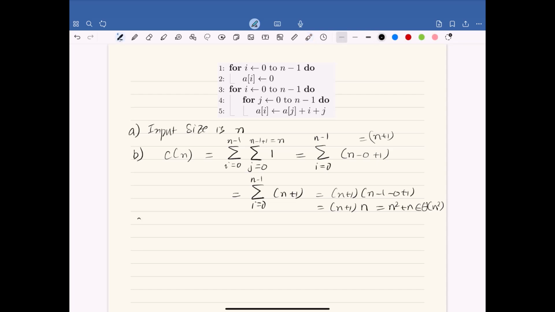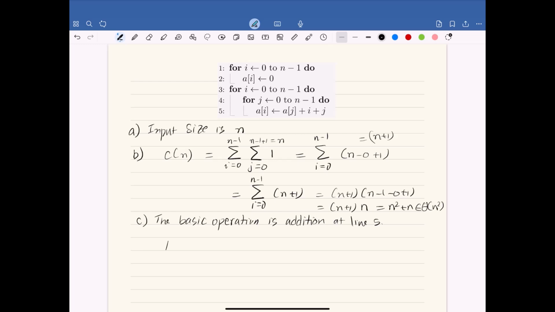So here we write C, the basic operation, is addition at line 5. We can find the number of times these two additions are executed by using two summations.